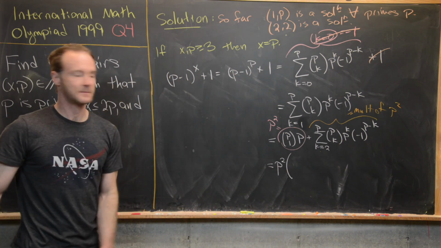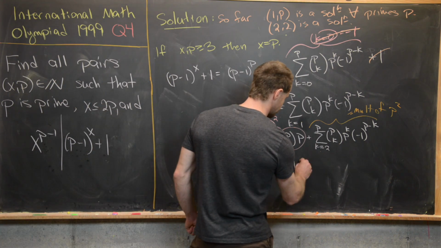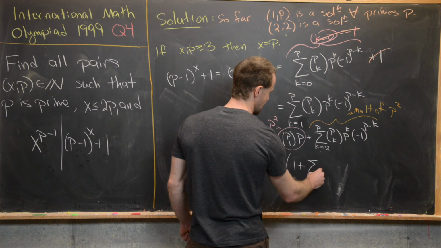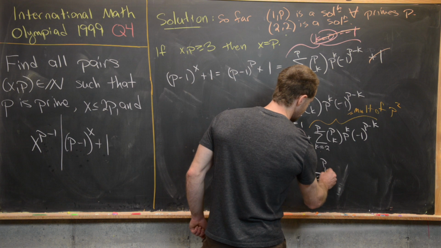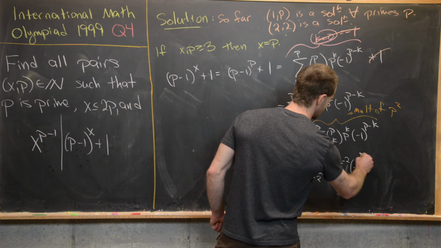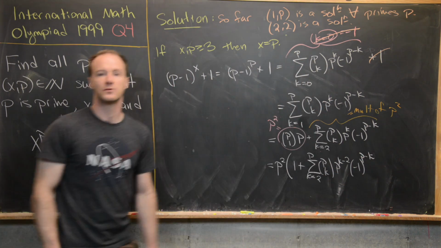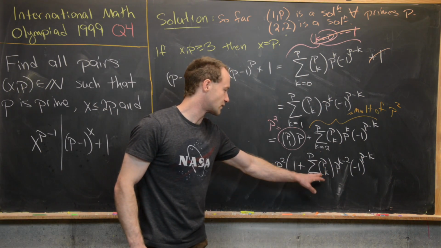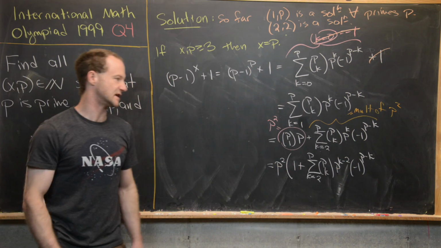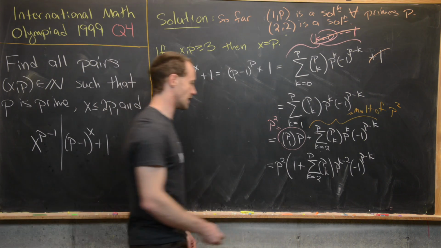That's going to leave us with a 1 for this first term. And then for the rest of these terms, we still have the sum k equals 2 to p. We have p choose k. Now we have p to the k minus 2, and then minus 1 to the p minus k. Great. And then since here k is running bigger than or equal to 2, we don't really need to worry about this. This is always going to be a positive power of p there.